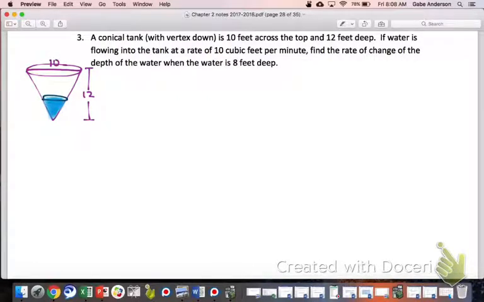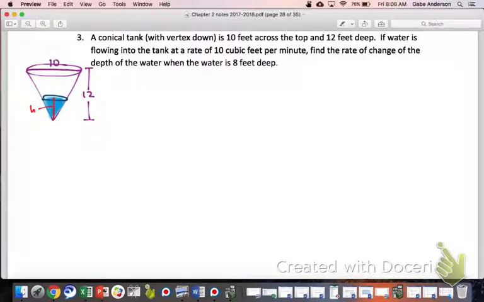Okay, so maybe one other thing we could label here would be some labelings on the water itself. Wouldn't it be fair to say that as this tank gets filled up, that cone of water is going to change dimensions? So for instance, from here to here, that could be the height of the water. It's going to change, so I'm going to use a variable, right? Depending on the time, it's going to be deeper or less deep, depending on how long the water's been flowing.